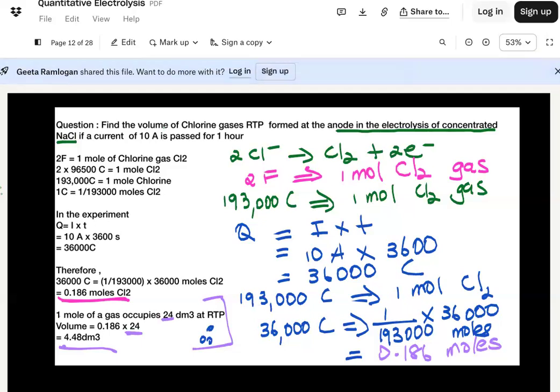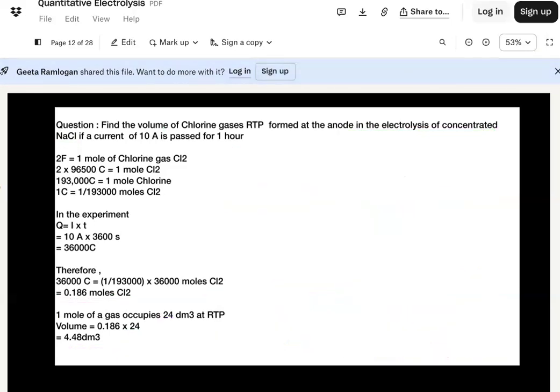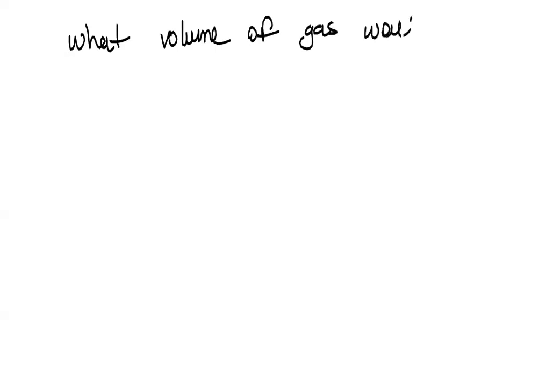You're good, right? Okay, you're doing 1 more for me. Then I will be satisfied with it. Tell me now, do this one. What volume of gas, I'll leave it up to you to figure out what gas that would be, at RTP, is formed in the electrolysis of dilute or concentrated H2SO4. You can start in the chat by telling me what gas that would be.